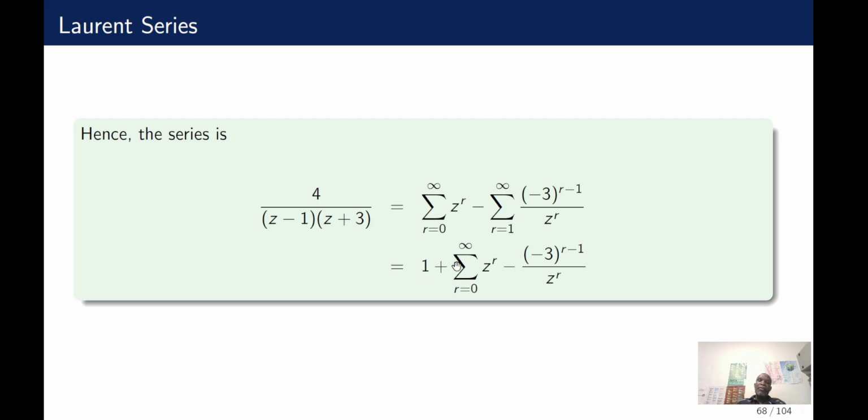Then the other one, you start at r equals 1, and then you have the rest of the terms as z times z to the power r over r. So the negative powers are going to be there. So this is the Laurent series expansion for that last example, which we just did.